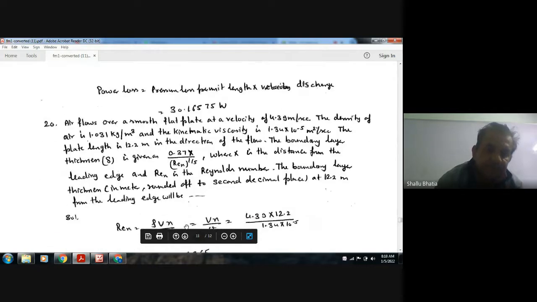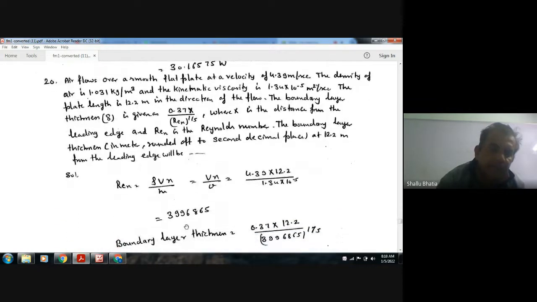Next, air flows over a smooth flat plate at a velocity of 4.39 meter per second. The density of air is 1.031 kilogram per meter cube. The kinematic viscosity is 1.34 into 10 to the minus 5 meter square per second. The plate length is 12.2 meters in the direction of flow.